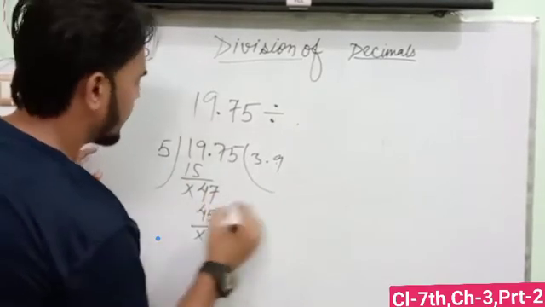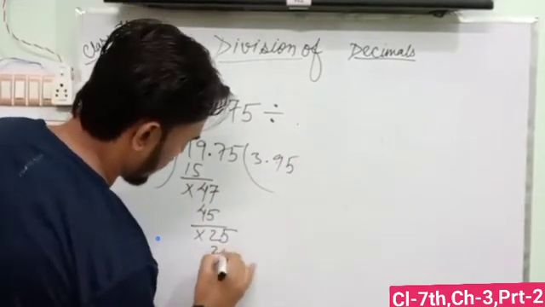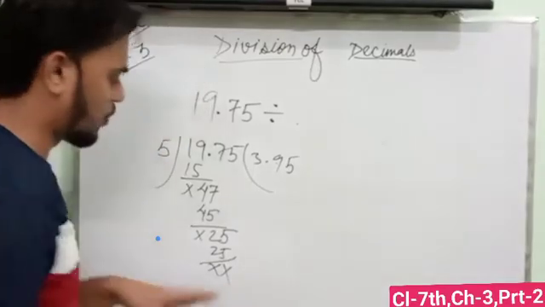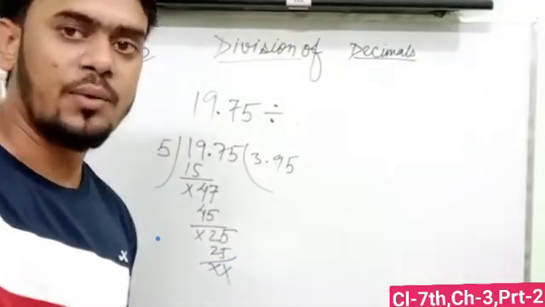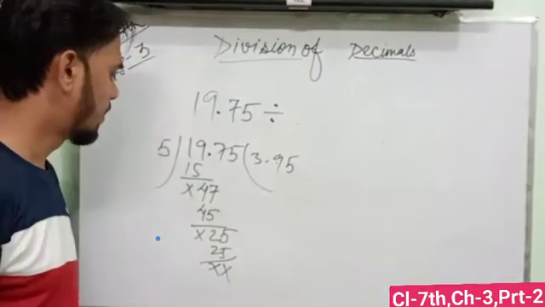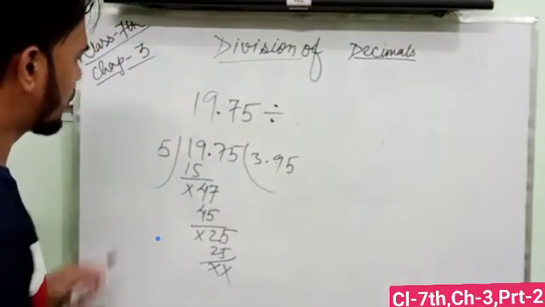Next is 5. Then 5 5s are 25. You should follow your whole number rule to divide by a whole number. You can note down this one.